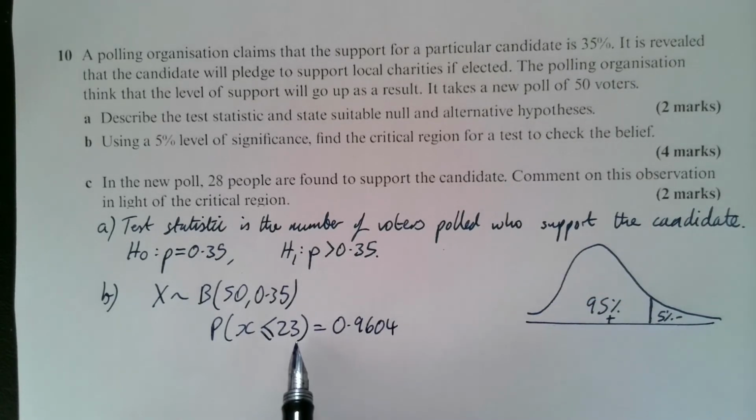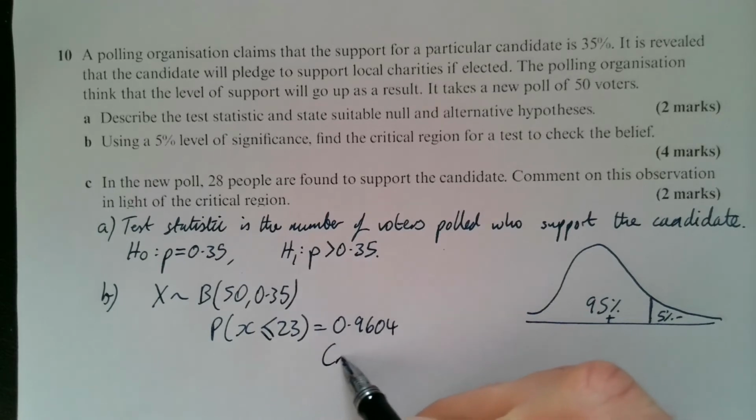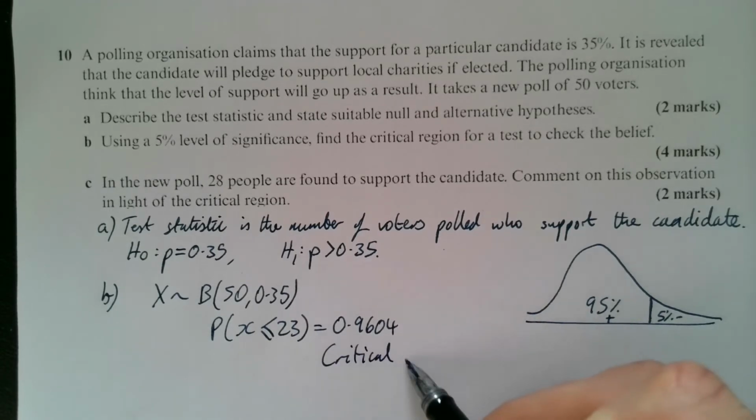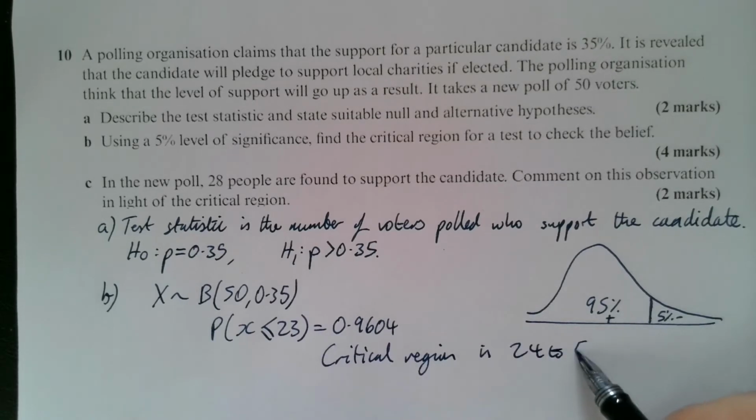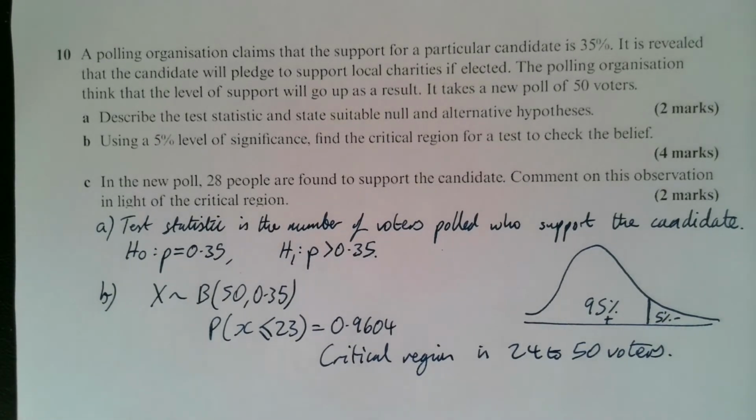So at that point, the other bit is less than 5%, and the other bit includes 24 upwards. So the critical region is 24 to 50 voters, or 24 above, or you could say above 23.